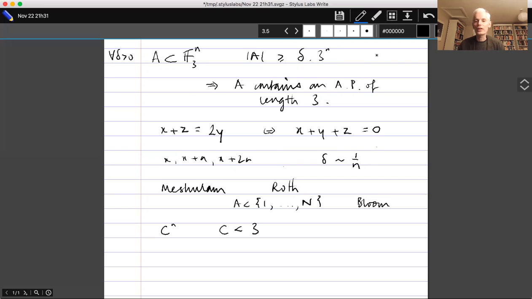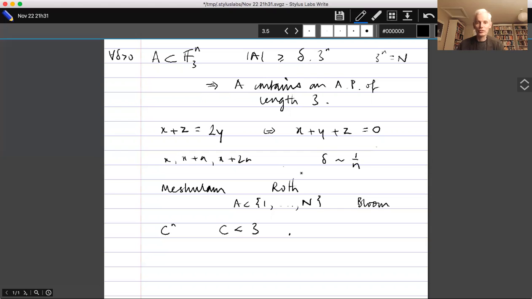Or if you think of 3 to the n as being capital N, then there were power type bounds in capital N. Exponentially small as a function of little n, but power small as a function of big N. But the bounds in Roth's theorem are more like logarithmically small in this big N. And if delta is 1 over n, that's also logarithmic in big N. So the n is log of the big N. So there was an enormous gap between the best known lower bounds and the best known upper bounds, and this was what became known as the cap set problem.